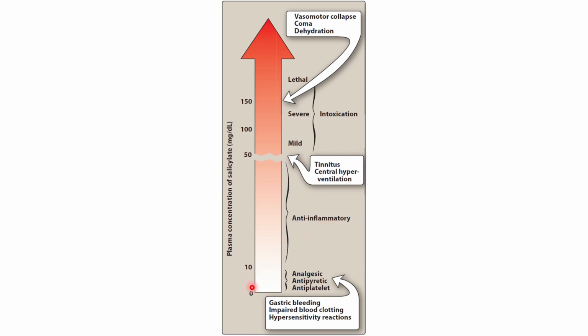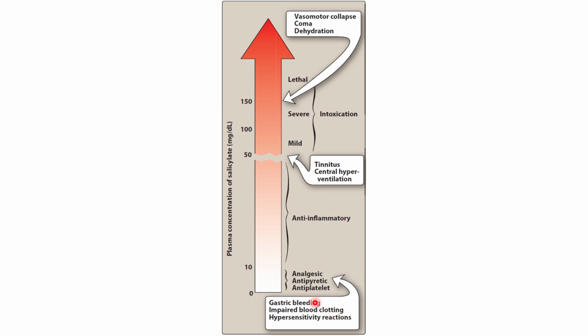So this is in low concentrations, like 10 milligram per deciliter. So the dose for the tablet is like 500 milligram for the aspirin, and from 200 milligram for the ibuprofen.